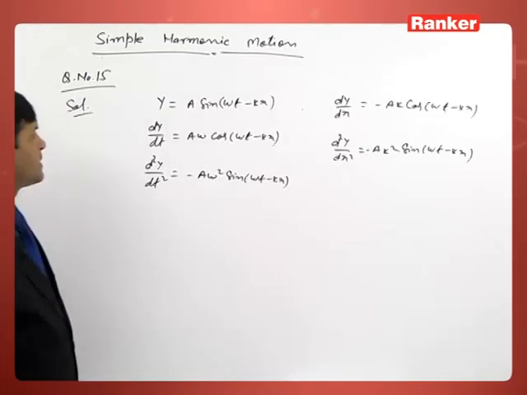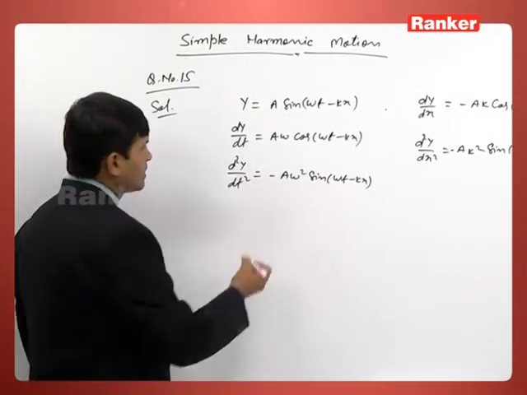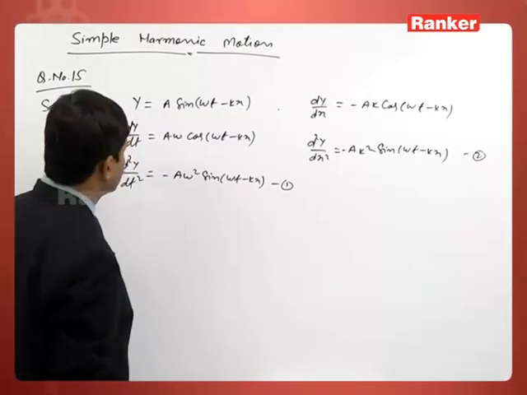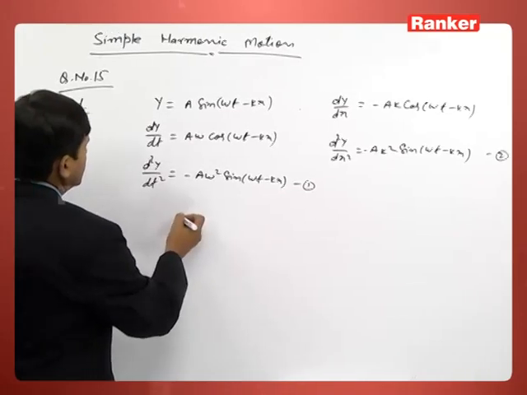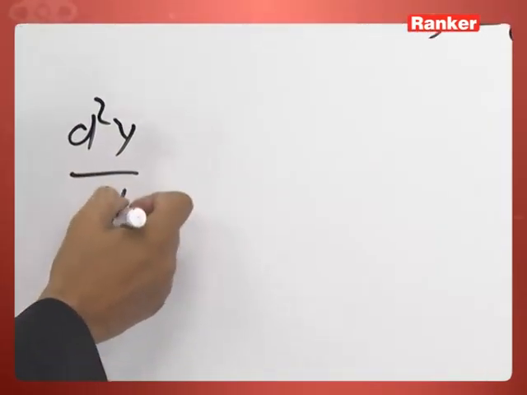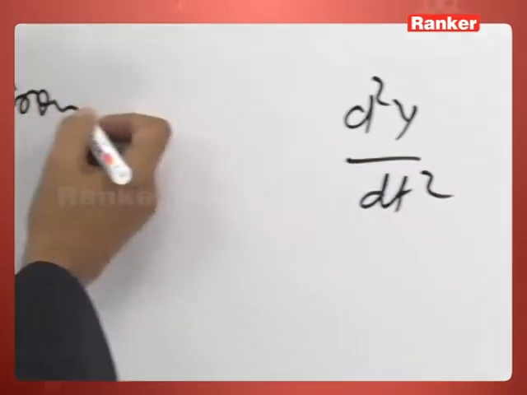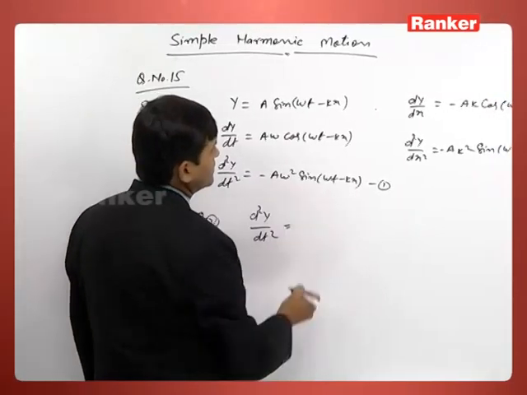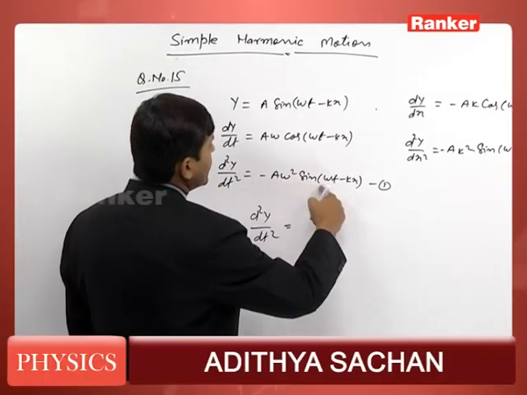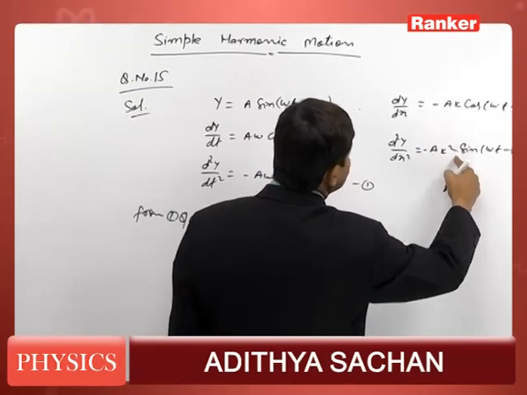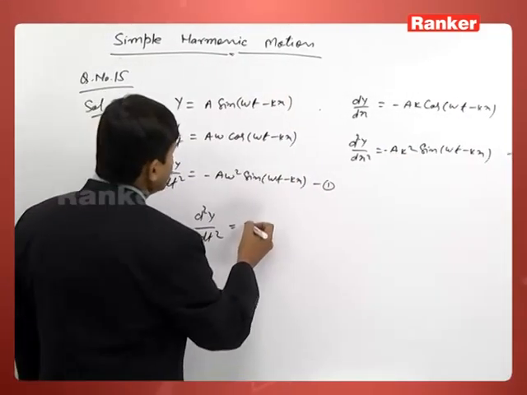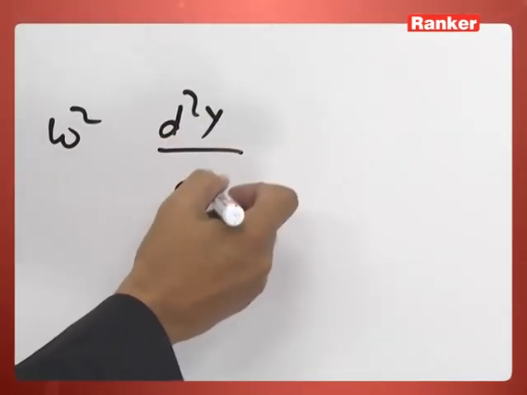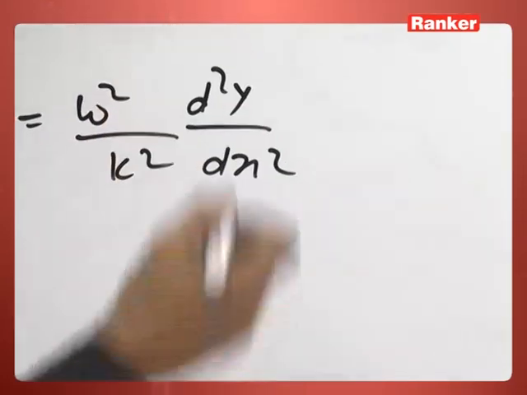Now see, from first and second, let this be equation number 1 and this be equation number 2. So d2y by dt square over omega square, from first and second, is equal to minus a sin(omega t minus kx), and minus a sin(omega t minus kx) is written as d2y by dx square by k square.